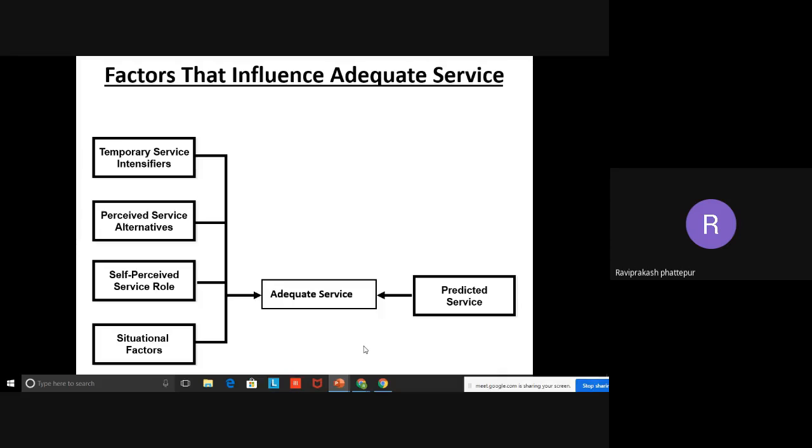Levels of adequate service are also influenced by situational factors, defined as service performance conditions that customers view as beyond the control of the service provider. For example, where personal emergencies such as serious automobile accidents have happened and you are looking for an insurance company for claiming.